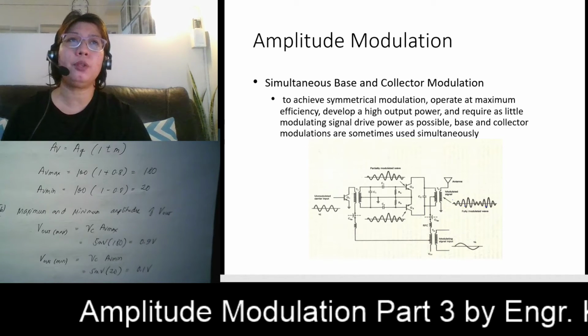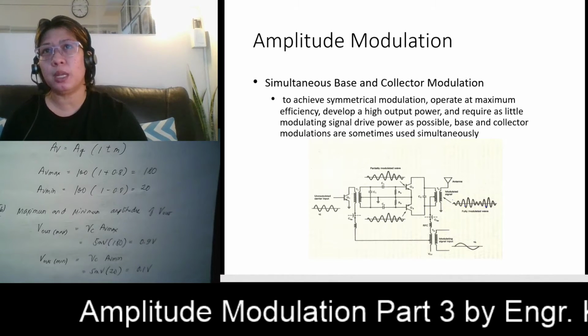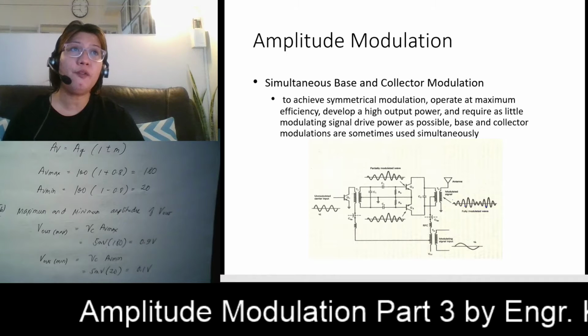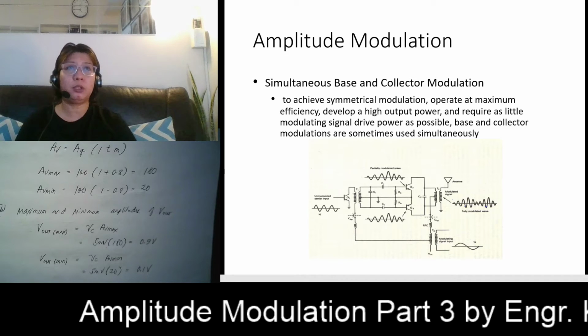From our previous circuits, we say that collector modulators produce a more symmetrical envelope than low power emitter modulators, and that collector modulators are more efficient compared with emitter modulators. However, collector modulators require a higher amplitude modulating signal, and they cannot achieve full saturation to cut-off voltage swing, thus preventing us from having 100% modulation.